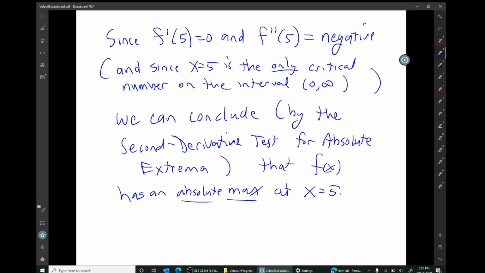So now we have two ways of finding this absolute max. We have this method that we just used using the second derivative test, and then the method we used when we first solved this problem by the method involving studying the sign behavior of f prime.